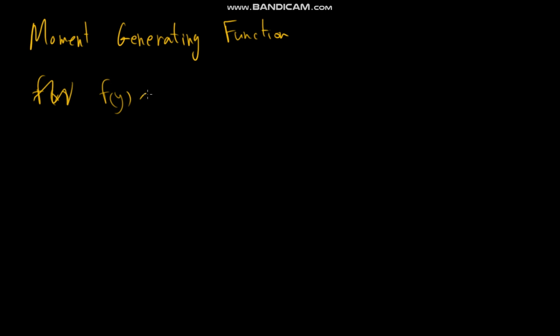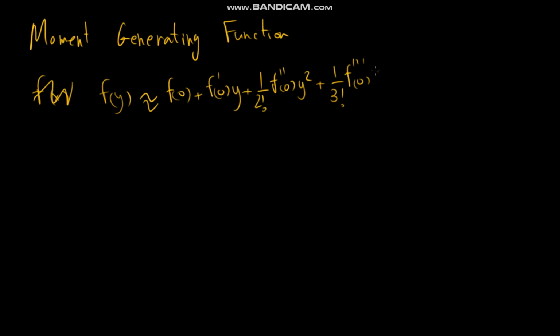By Maclaurin, this is approximately f of 0 plus the first derivative at 0 times y, plus 1 over 2 factorial times the second derivative at 0 times y squared, plus 1 over 3 factorial times the third derivative times y to the cube, and so on. This is from Maclaurin, also known as Taylor at 0.